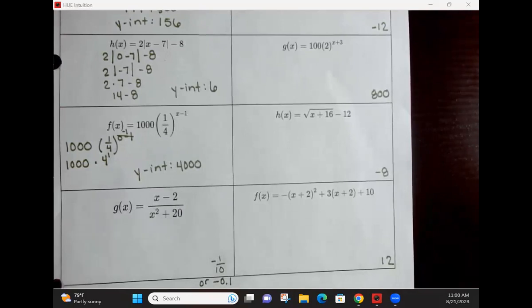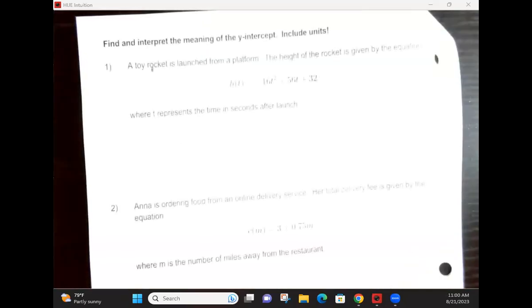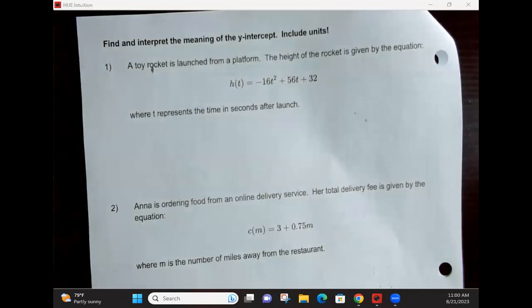The next thing we're going to talk about is something else we did in Algebra 1, so this should look familiar again. When I ask you to interpret a point, okay, from a function, interpret some values from a function, we're going to do that with y-intercepts specifically. So on the next page, I've given you a couple of functions here that all have a context.